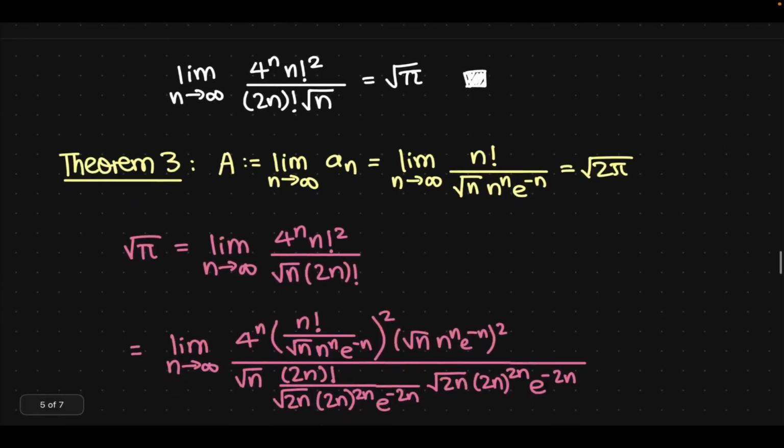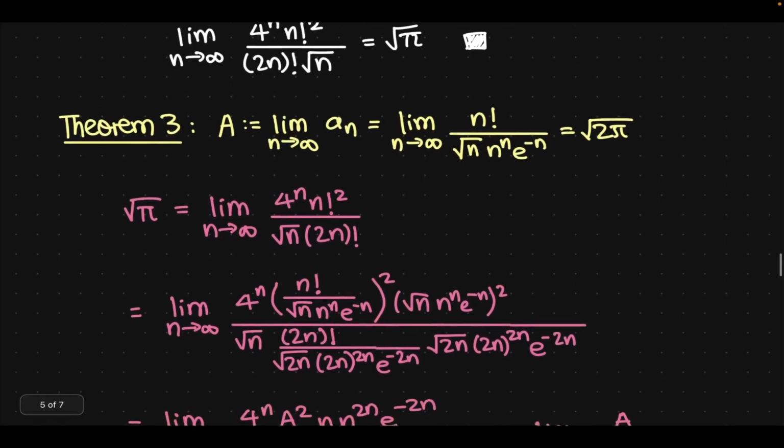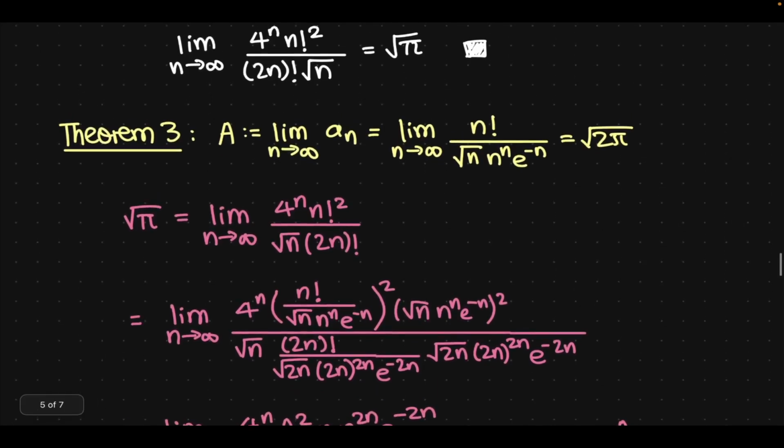Now, theorem 3 is the main theorem, and theorem 3 is actually going to implement lemma 2 as promised. So let's define capital A to be the limit of the a_n sequence. We know the a_n sequence converges. Let's just call that limit A, and it's going to be some positive number.